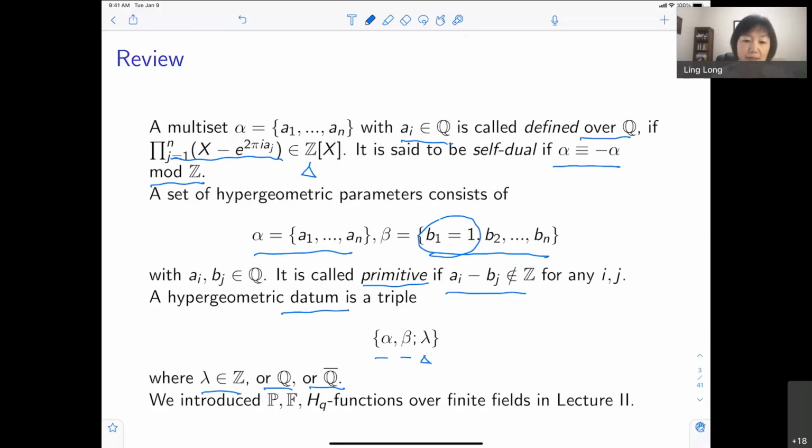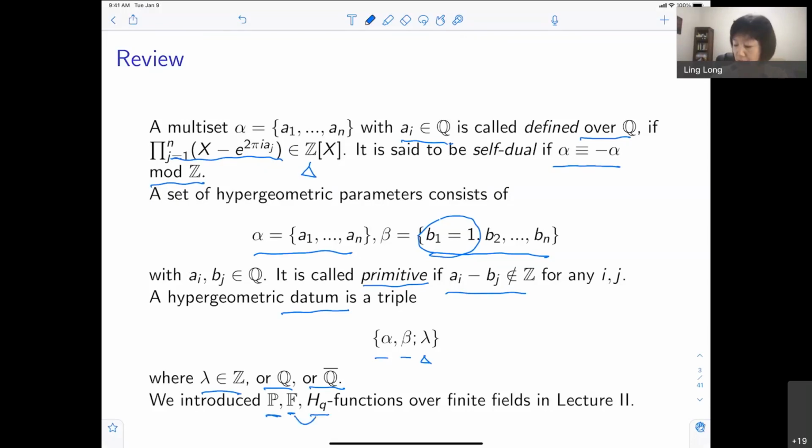And in yesterday's talk, we introduced three notions of hypergeometric sums, which is the period function defined over finite field, the normalized period function defined over finite field, and there is also the HQ function. In the primitive case, these two are the same.